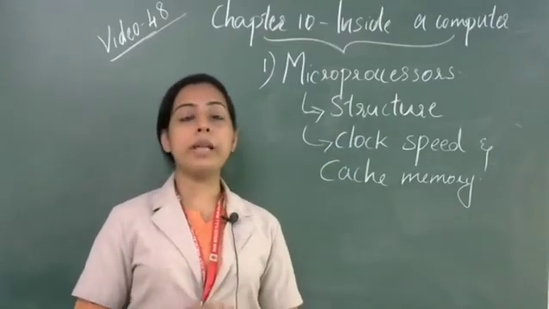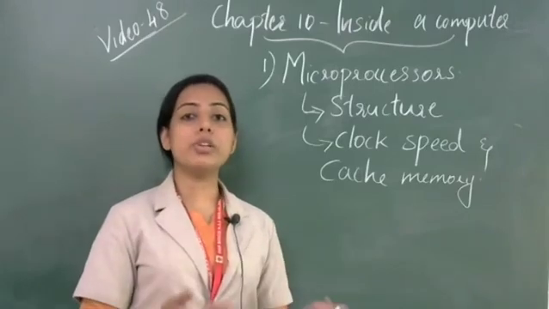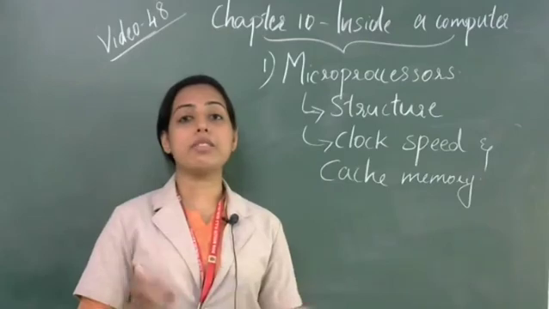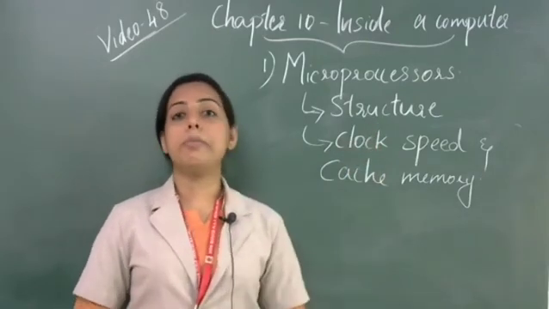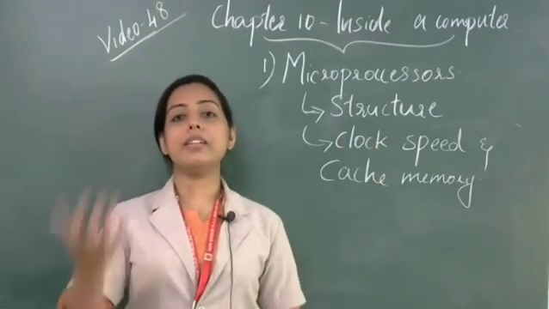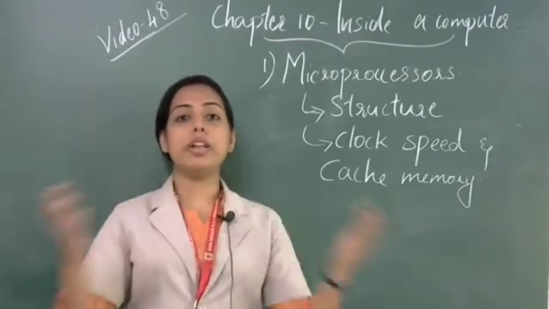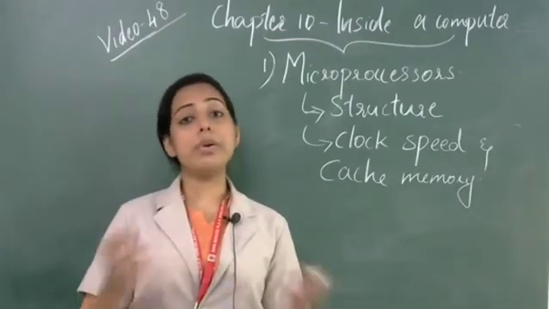We send information using one input device, then the computer does its processing using the microprocessor. After that, the computer gives us the output, and we can view the output on a screen, the computer screen or monitor.